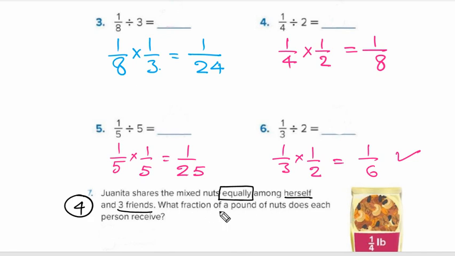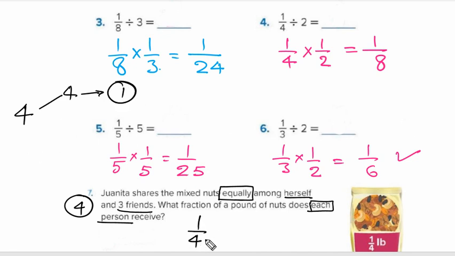What fraction of a pound of nuts does each person receive? So let's say if you have 4 apples and 4 people, how many will each get? 1. Right? So here 1 over 4 pound of nuts divided by how many people? Unita and 3 friends. So 4.